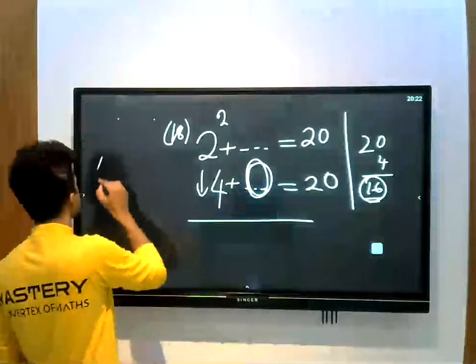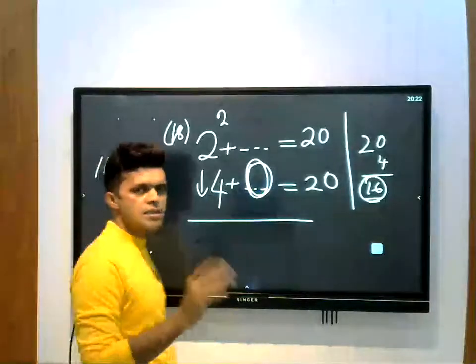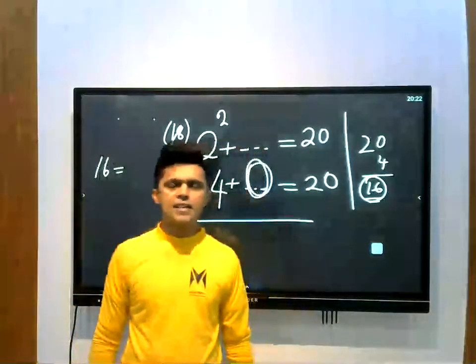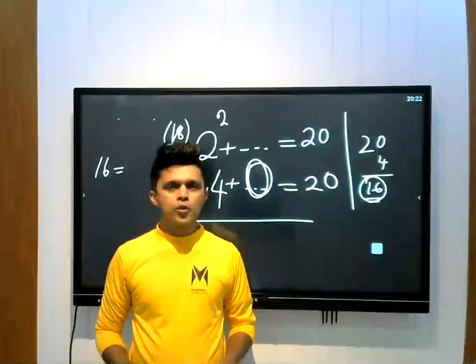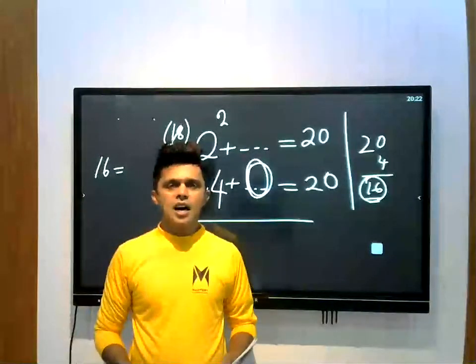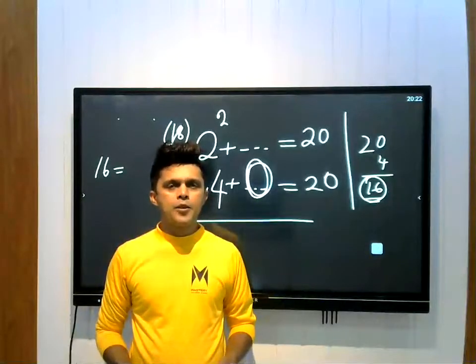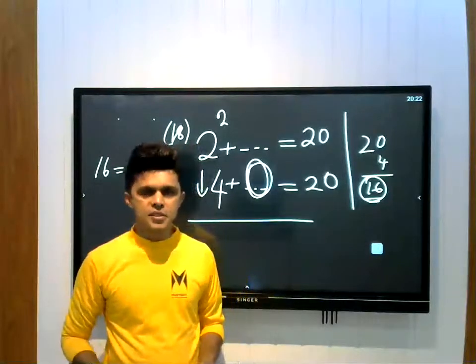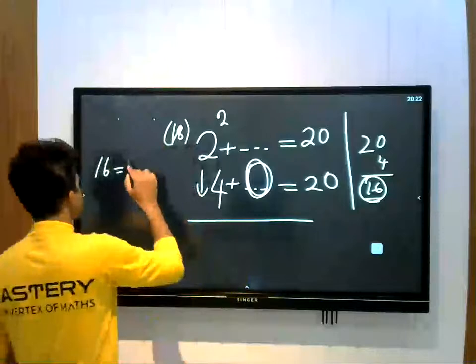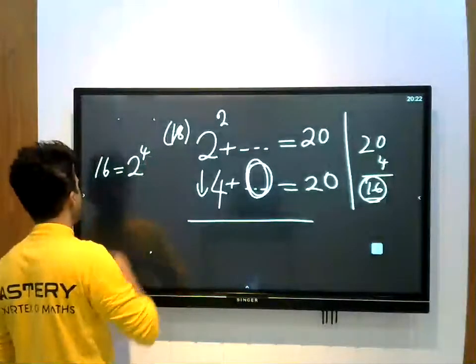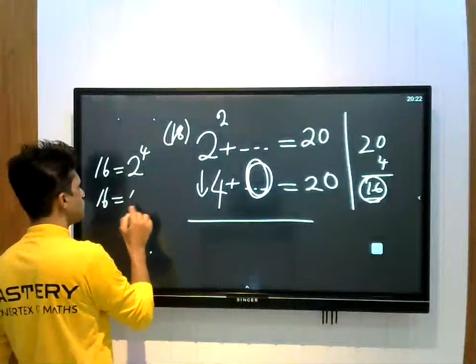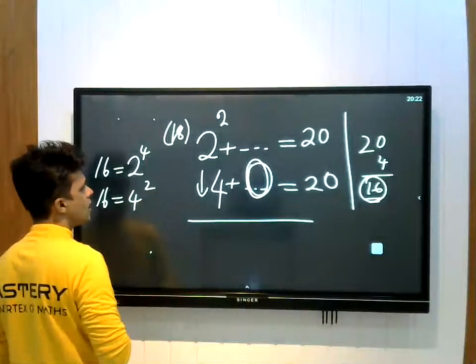In the previous lesson on indices, I taught you that 16 equals 2 to the power 4, right? You could also divide by 2, and 16 equals 4 to the power 2. These are the answers.